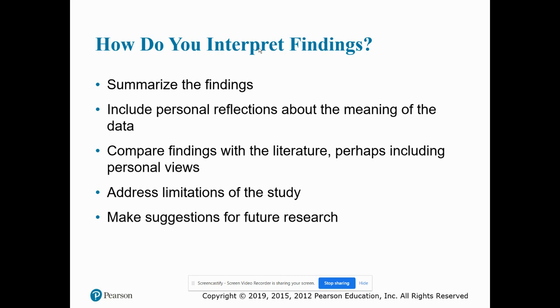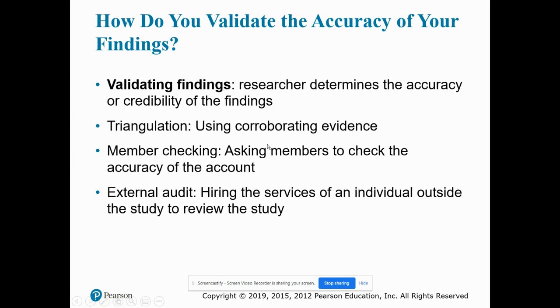And so it just keeps the research process going. And you also will make suggestions for future research at the end of your findings section. Okay, so that's another place that researchers can look and say, yeah, that's a good idea. I think I would like to further this research.